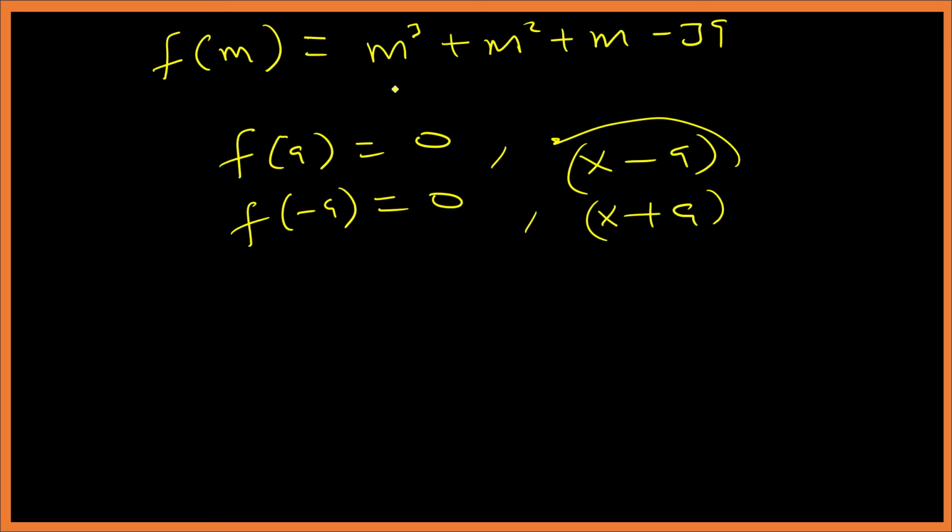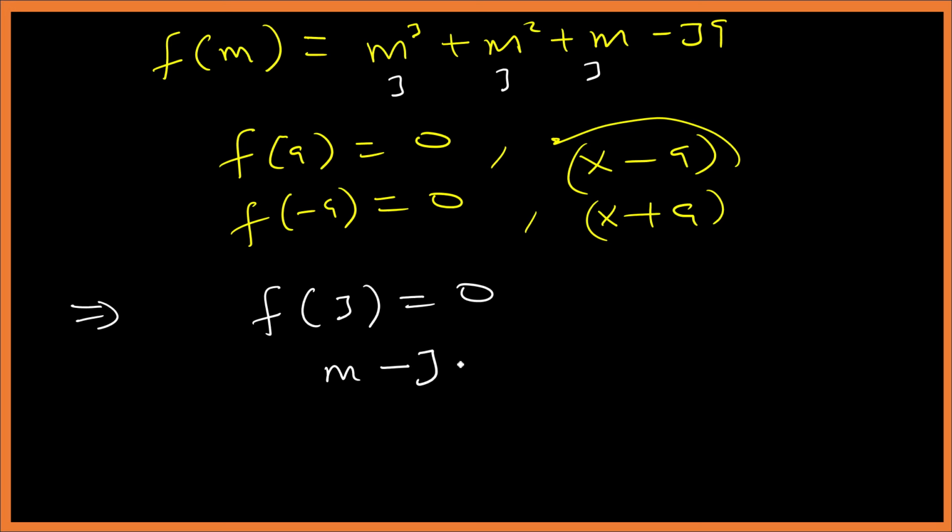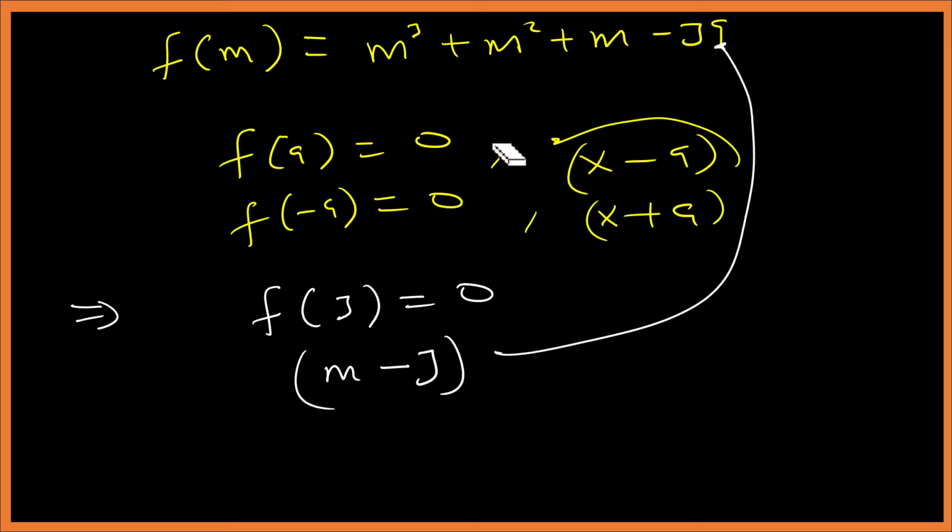Now from here, if I plug in 3, so 3 cubed plus 3 squared plus 3, we have 27 plus 9 plus 3, that will be 39, minus 39 is 0. So f of 3 is equal to 0, therefore m minus 3 is a factor of this. That's the first factor.